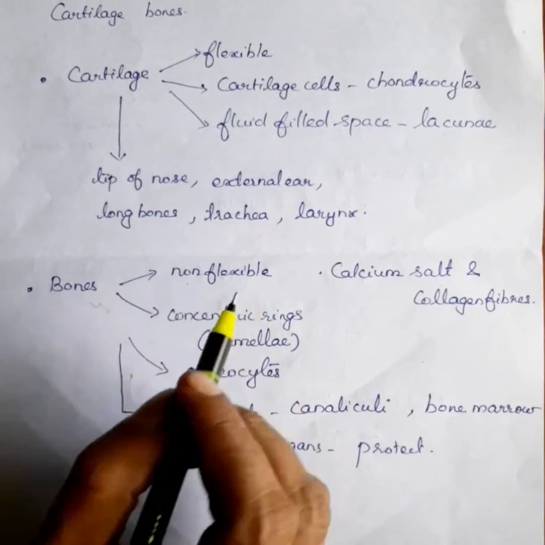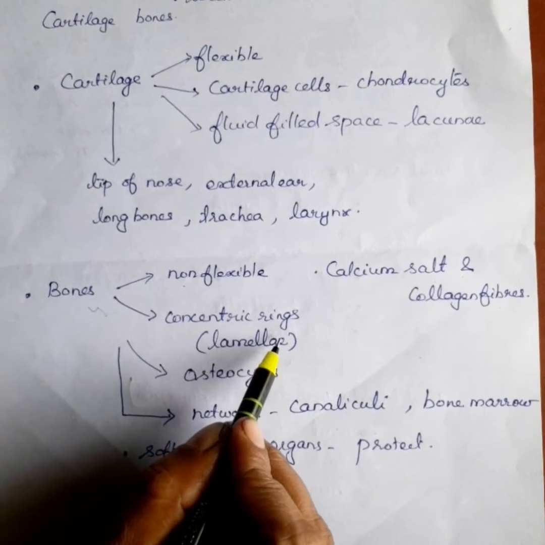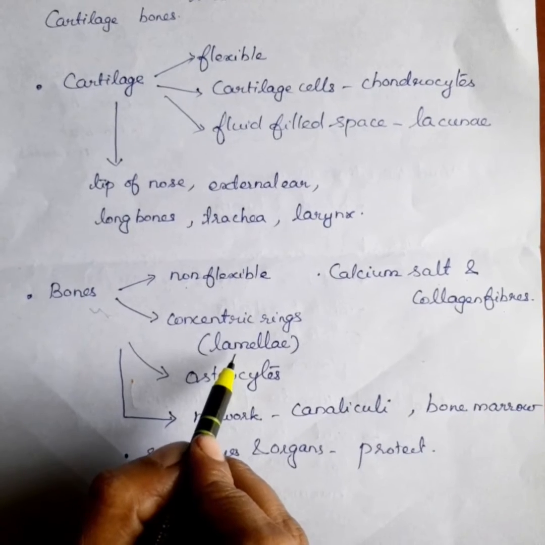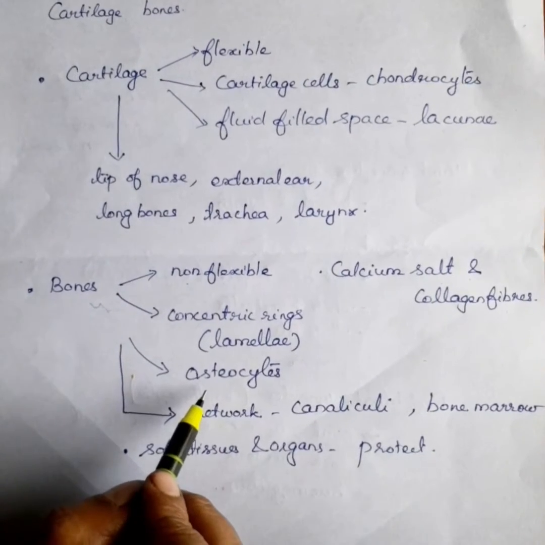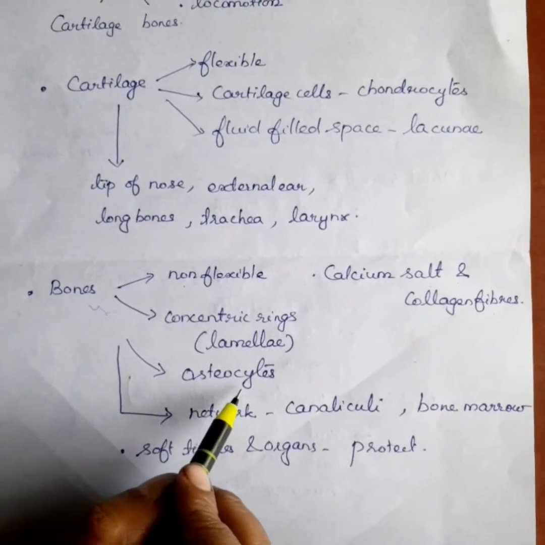The matrix of the bone in the form of concentric rings is called lamellae. The bone cells are called osteocytes.